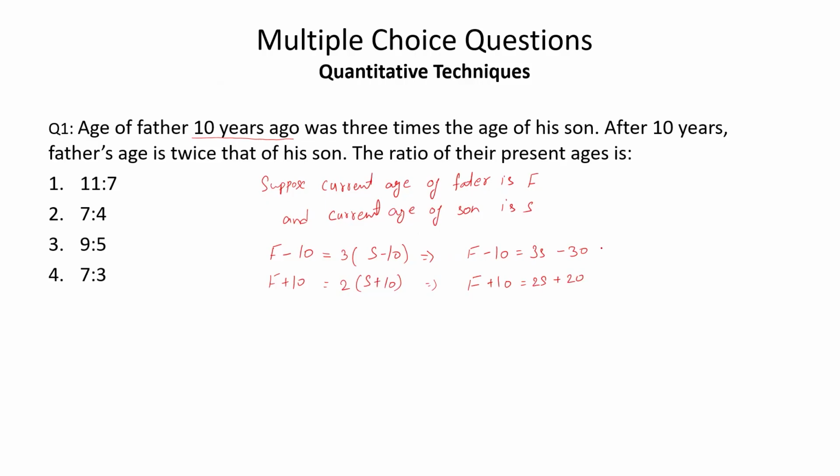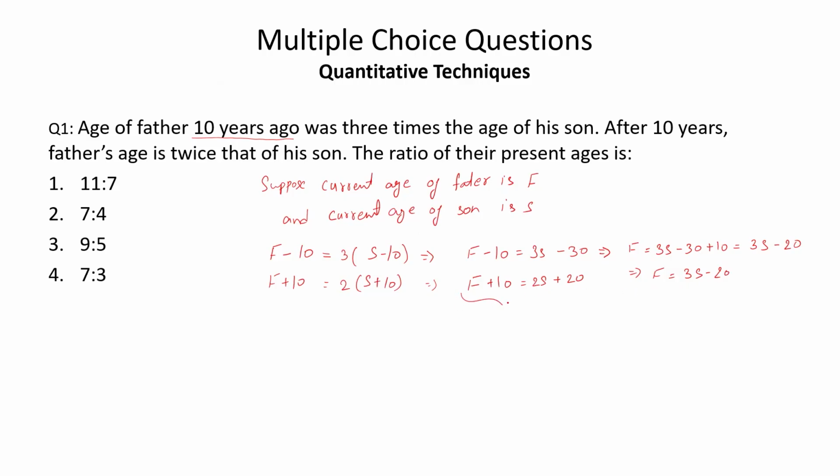Now you can further solve the first equation: take the 10 to the other side, so it will be minus 30 plus 10, and F is equal to 3S minus 20. Now substitute the value of F from this equation into the other equation.